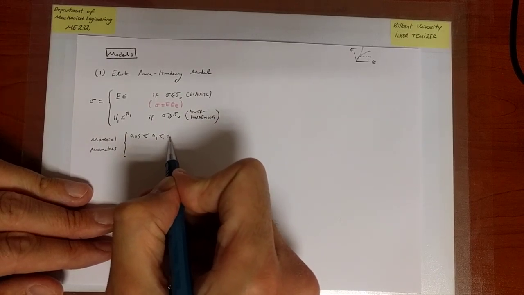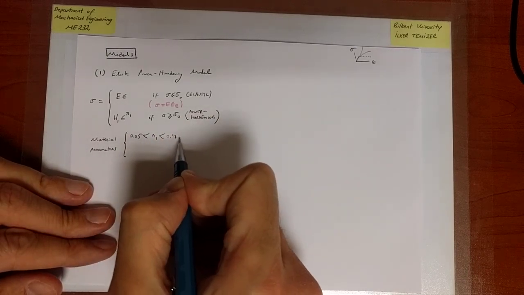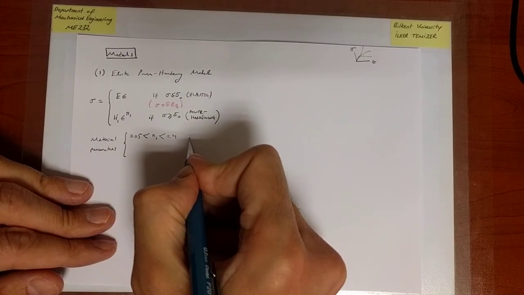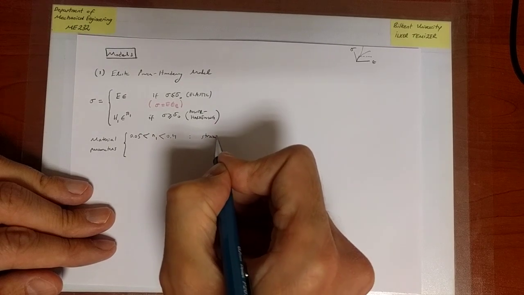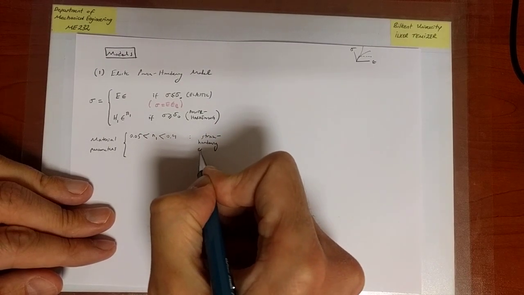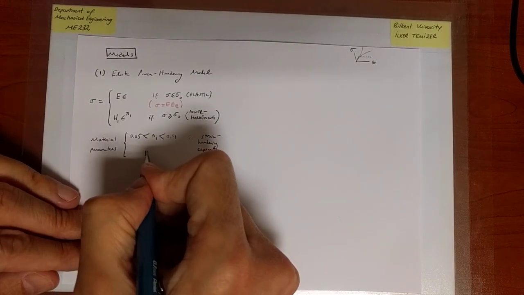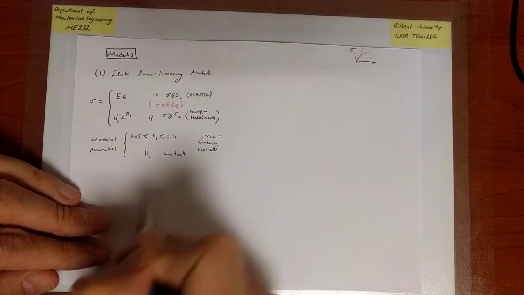So the typical values lie in that range. The name for n1 is the strain hardening exponent. H1 is a constant. Let's not give it a name.